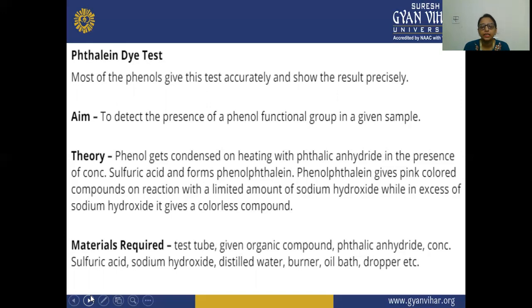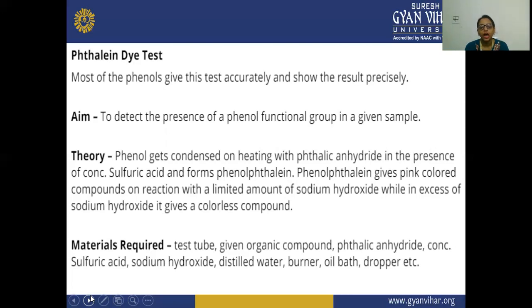When we heat it, it gets condensed with phthalic anhydride in the presence of concentrated sulfuric acid, and we get phenolphthalein. Phenolphthalein gives a pink colored compound on reaction with a limited amount of sodium hydroxide, while in excess of sodium hydroxide it gives a colorless compound.